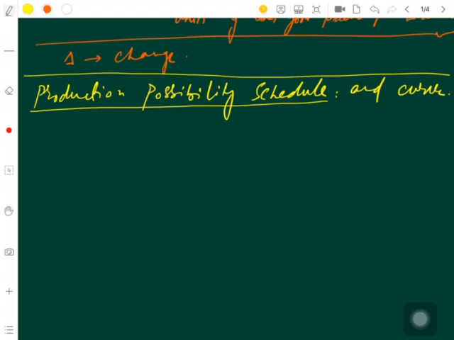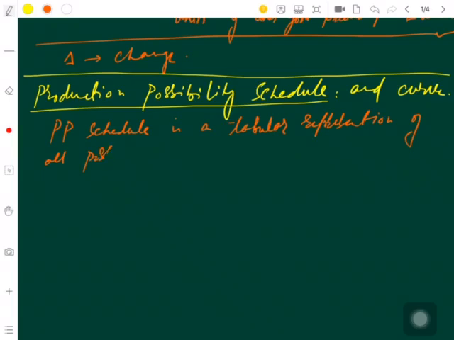So what we can write here is production possibility schedule is a tabular representation of all possible combinations of goods which we can produce with given resources, from the very first definition. So it is a tabular representation, and contrary to that, the production possibility curve is the graphical representation.